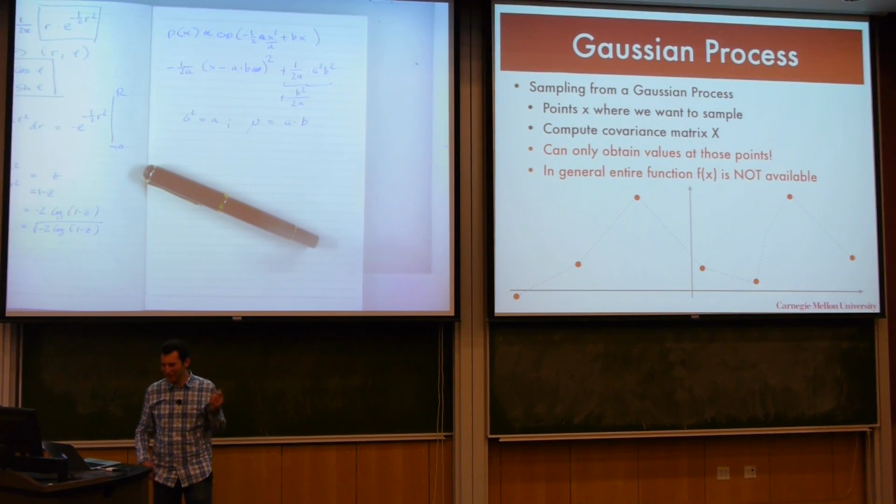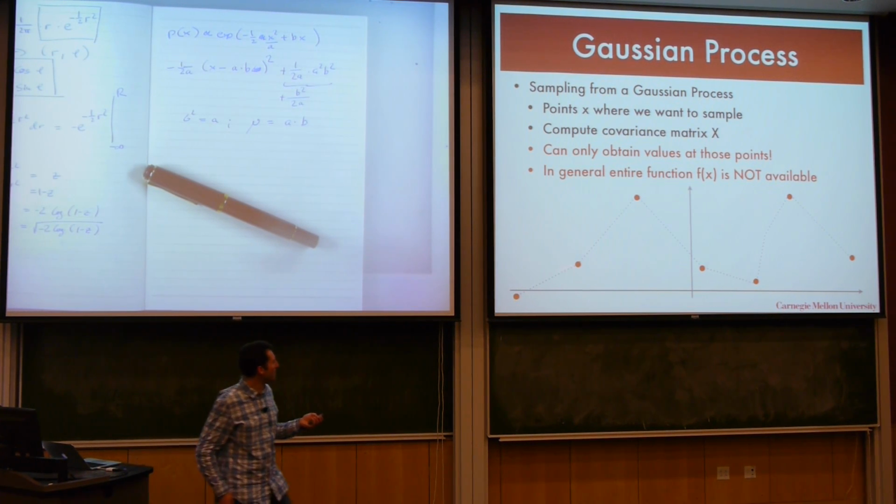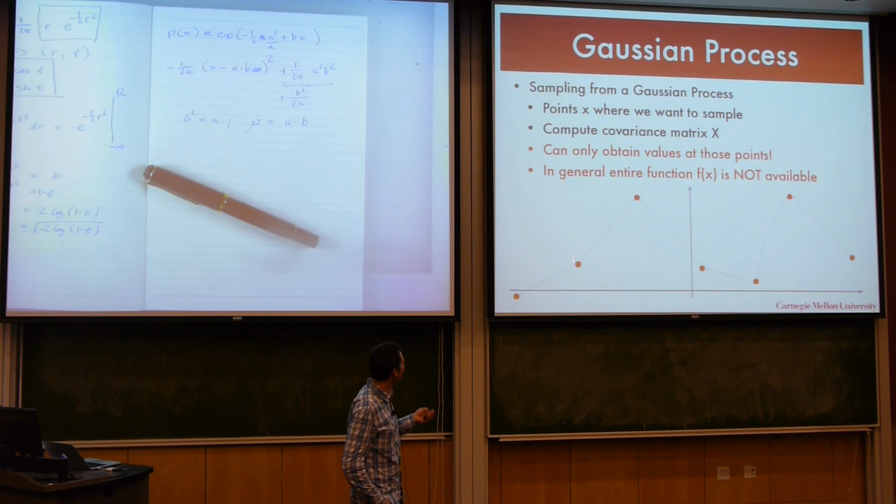Okay, so here's an example for a draw from a Gaussian process. So I pick some points where I want to sample. I go and compute this covariance matrix. And then I draw as if it were from a Gaussian, in this case from 7 dimensions. Right? So the important thing is this is actually only giving me the values at those points.